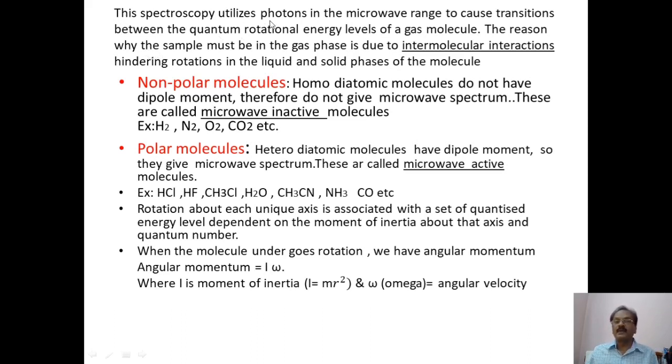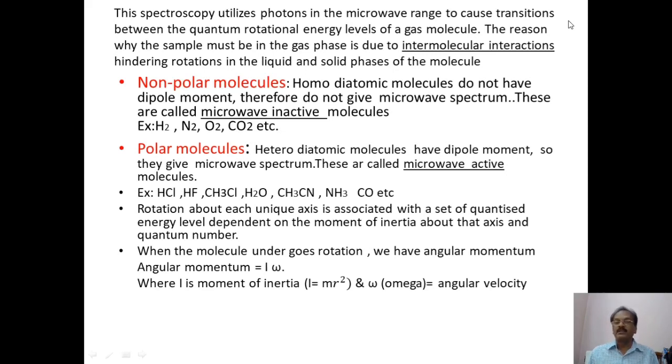This spectroscopy utilizes photons in the microwave range to cause a transition between the quantum rotational energy levels of a gas molecule. The reason the sample must be in the gaseous phase is that intermolecular interaction hinders rotation in the liquid and solid phase.